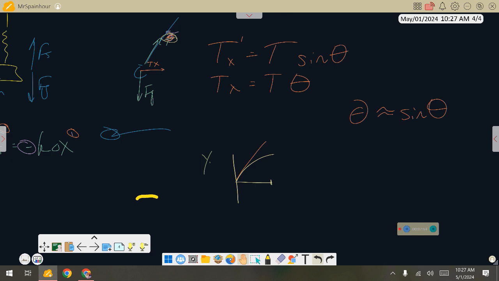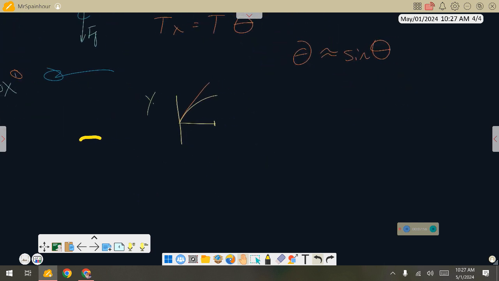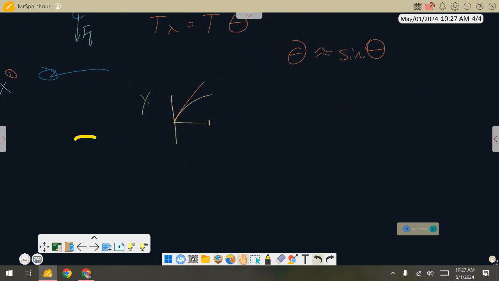So let's pick a handful of angles and make a chart and do a little bit of practice from your math class. Let's use angle in degrees to start off with, because that's what you're used to. Let's go 5 degrees, 10 degrees, and 15 degrees. I want you to take those angles, calculate what they are in radians, and then calculate what the sine of the angle is.